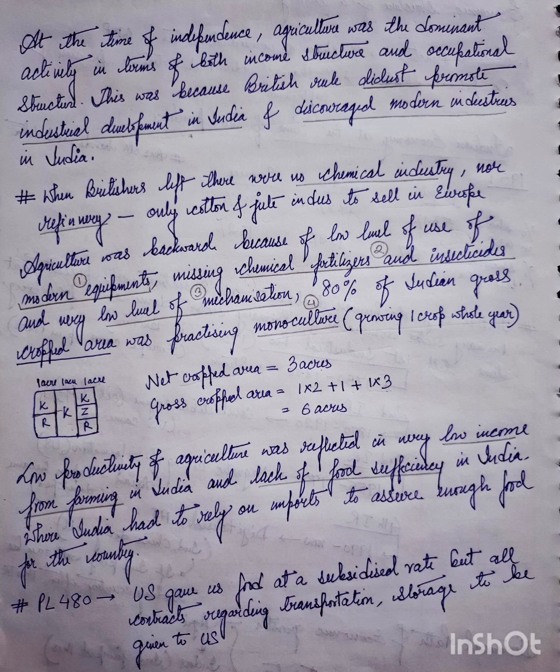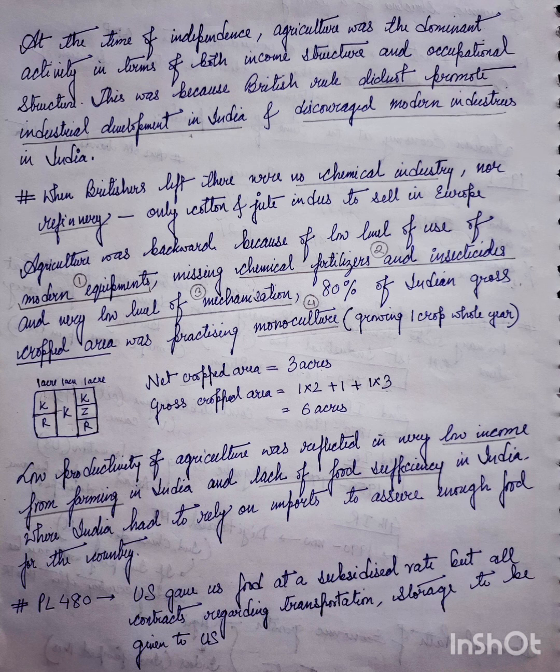The columns are 1 acre. In the first acre, the farmer is growing both Kharif and Rabi, as demarcated by K and R. In the second acre, the farmer is growing only a Kharif crop, and in the third acre, the farmer is growing Kharif, Rabi, and Zaid, all three.